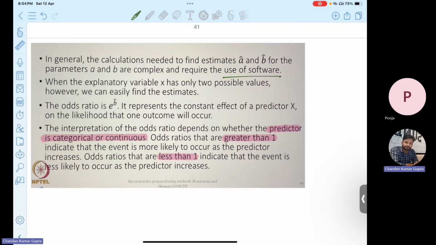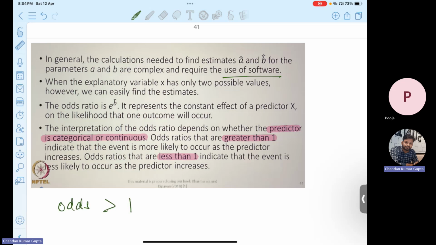When the explanatory variable has only two possible values, we can find the estimate as well. Here also the predictor is categorical or continuous in nature. Odds ratios that are greater than 1 indicate that the event is more likely to occur as the predictor increases. See, here we are given that the odds are greater than 1. What are odds?